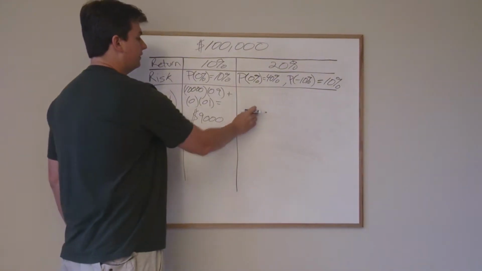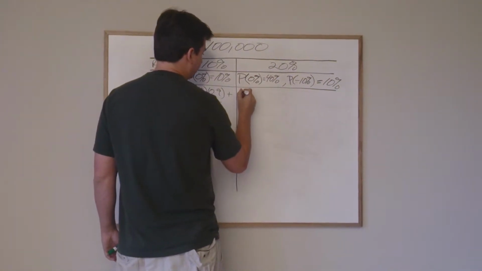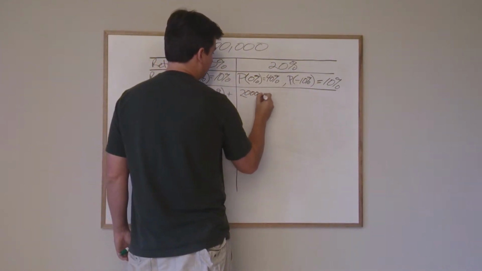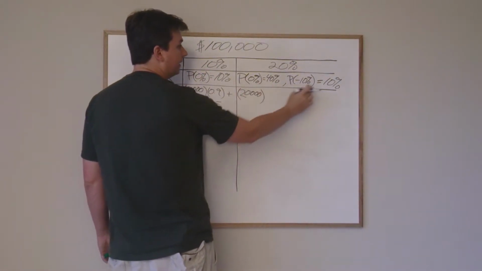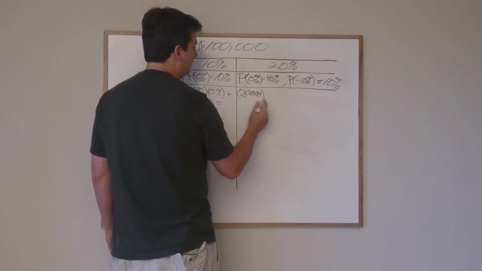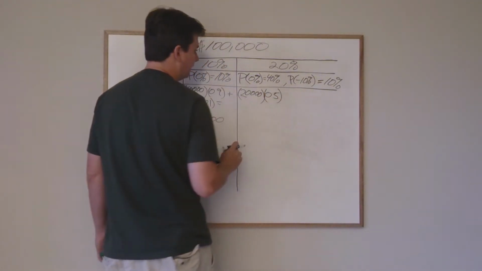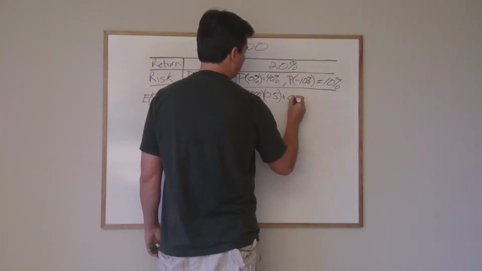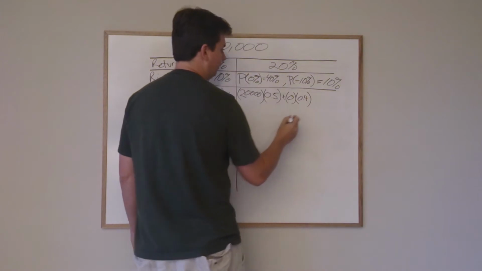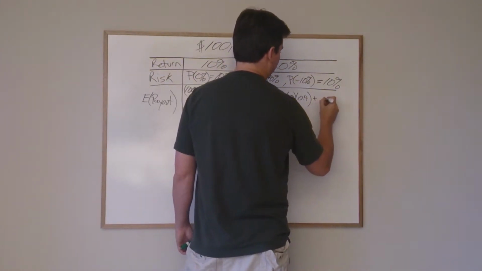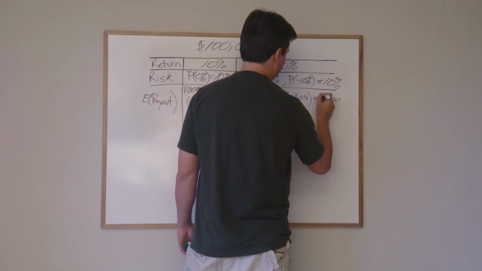Over here on the riskier portfolio, our 20% payout is what we're after. So 20% payout is $20,000. And because we have a 40% chance to break even and a 10% chance to lose 10%, that leaves a 50% chance to get $20,000, a 40% chance to get 0, and I'm going to do it like this.